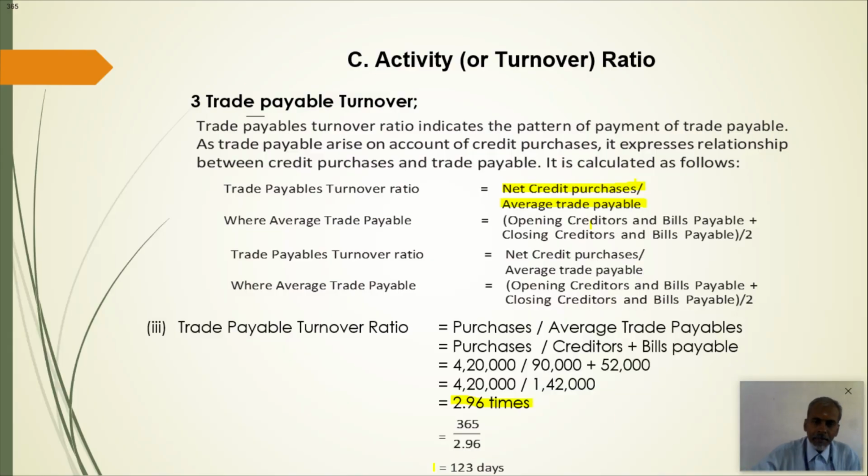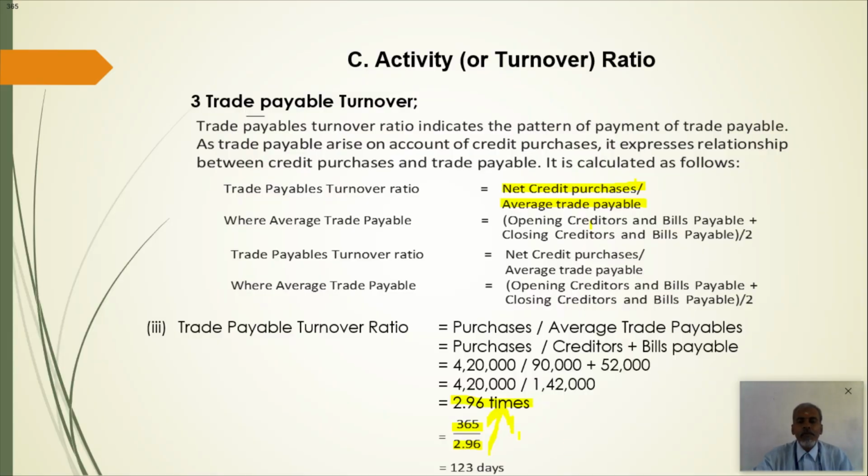And to see the payable period, how many days we have taken to pay our creditors, we can calculate in simple ways. 365 days divided by the creditors turnover ratio, which is 2.96.